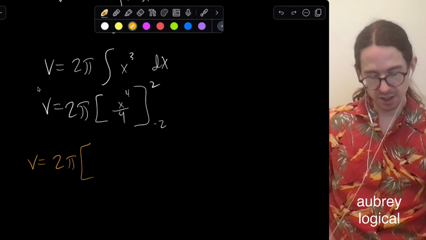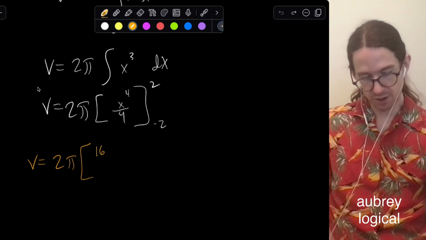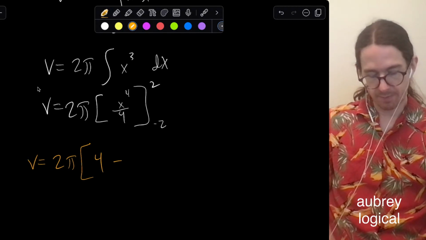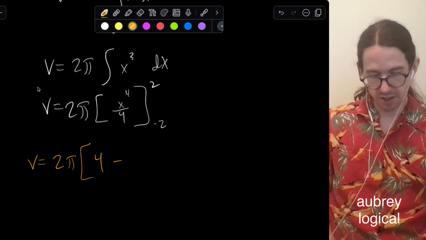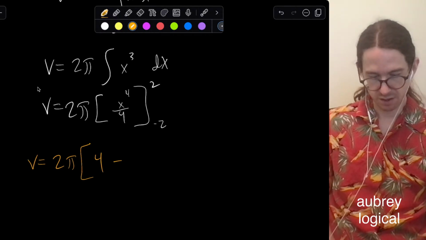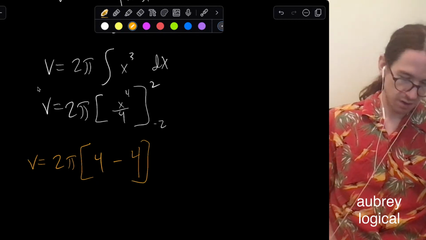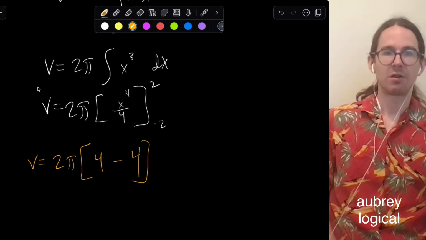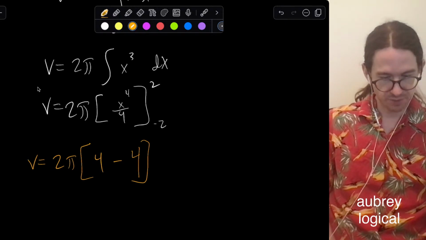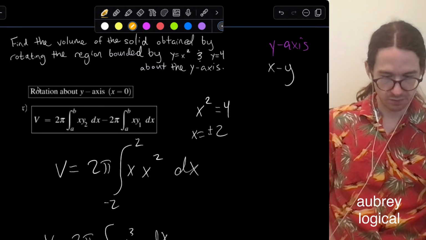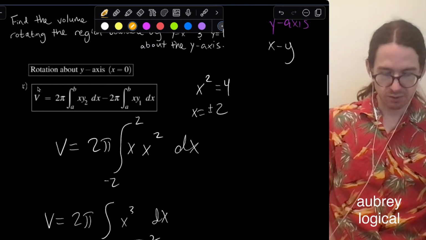So it's going to be 16 over 4, which we can reduce to 4, minus -2 to the 4th power, which is 16 over 4 also. That would give us a 0 area, which is not possible. So I didn't do something right.